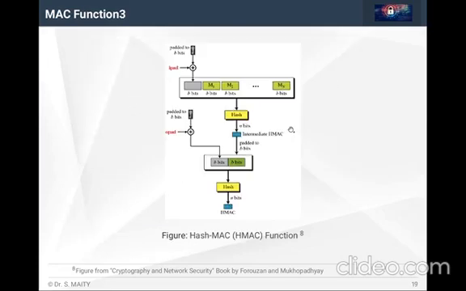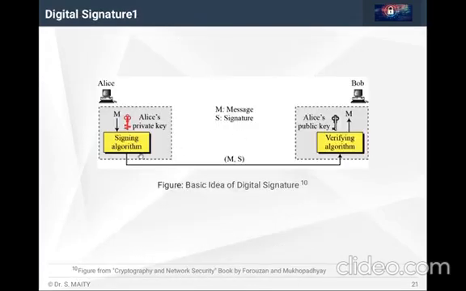And if you see digital signature, these algorithms are called the signing algorithm and the verification algorithm. During signing, the sender takes the message and its own private key, Alice's private key, and then the receiver Bob uses the public key of the sender to verify the authenticity of the signature. You can observe this is exactly the opposite of what we do in public key encryption.